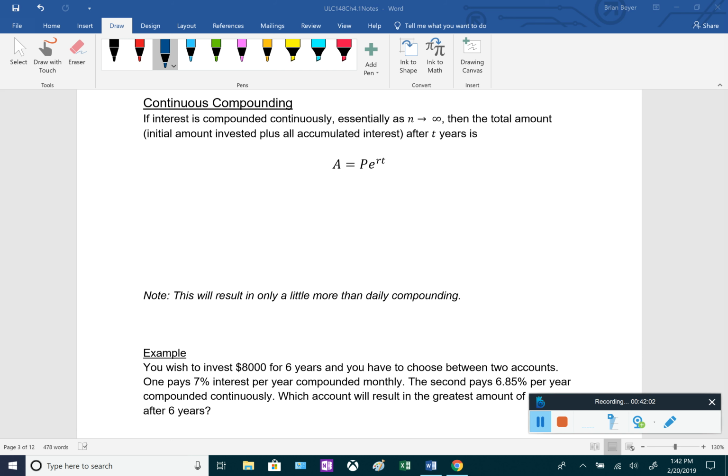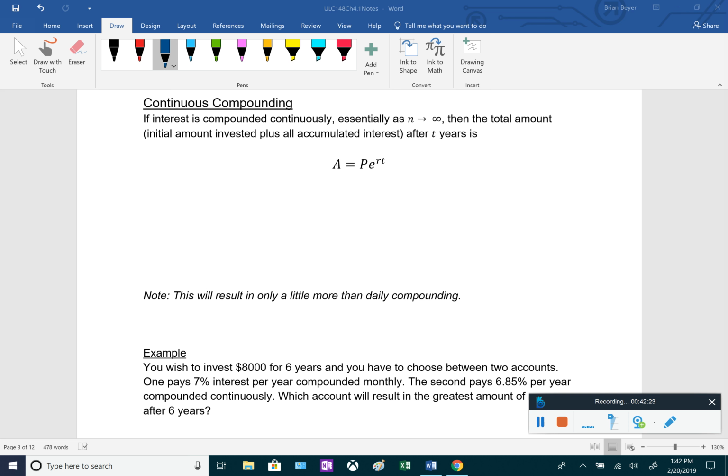So let's say we wanted to have our compounding periods be infinite, which means it's continuously compounding interest. Essentially, there's a little bit more to it, but that would mean n would go to infinity. So the number of compounding periods would be an infinite amount throughout the year.